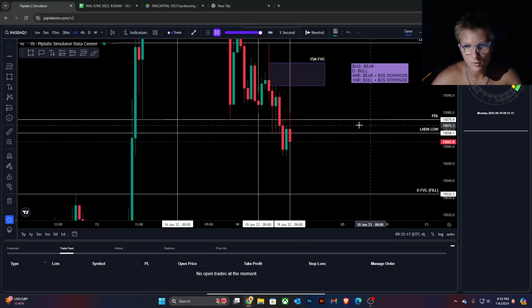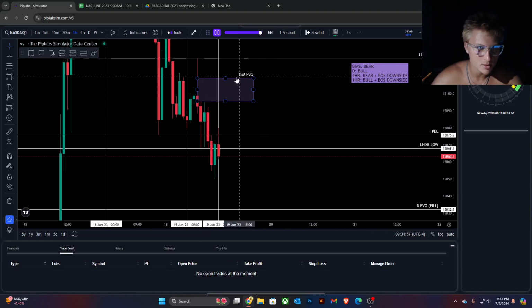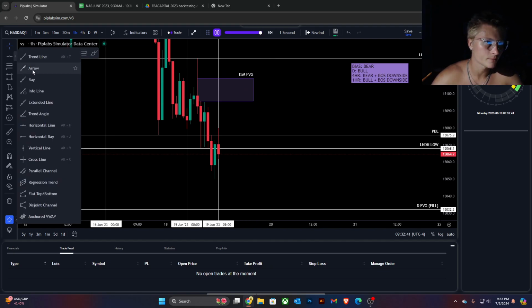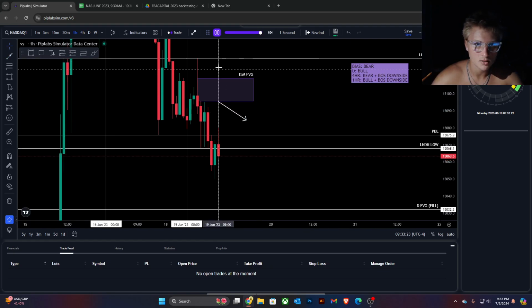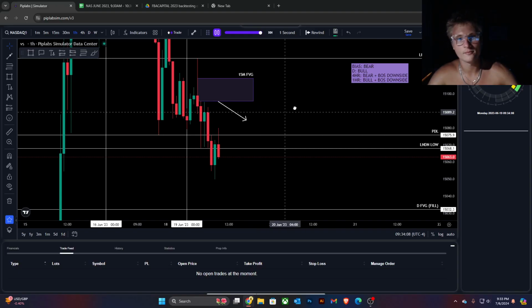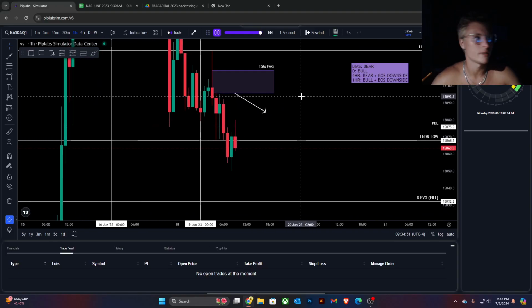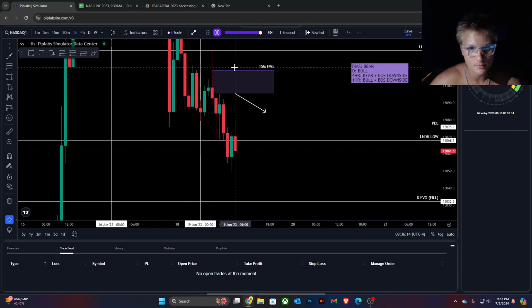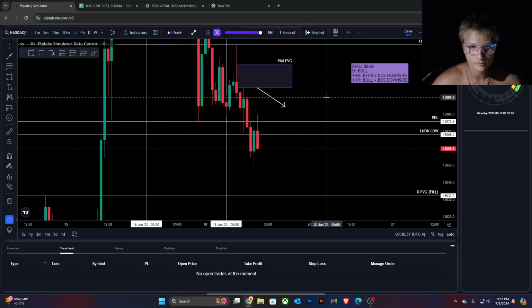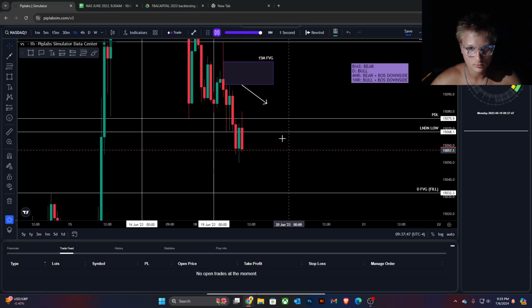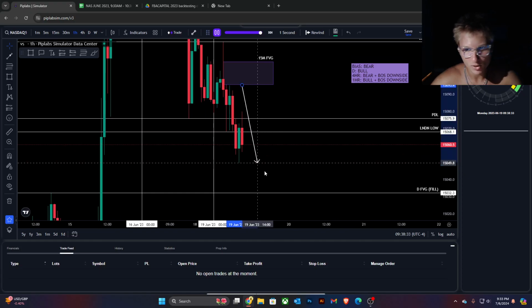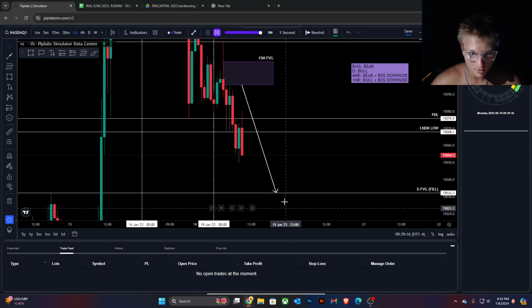I want to mainly watch if price taps into this 15-minute gap here. I'm just going to watch that. I'm not going to take it, but it's something that I'm going to study and note, if this 15-minute gap gives a move down. But yeah, I'm looking for price right now to fill this daily gap.